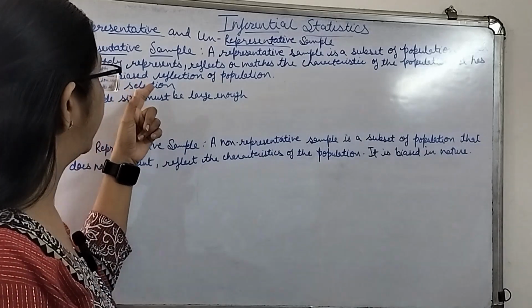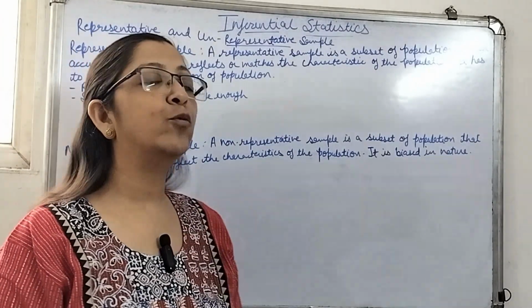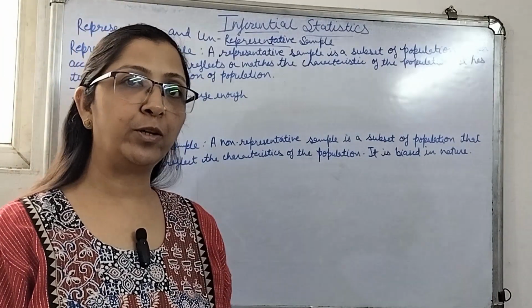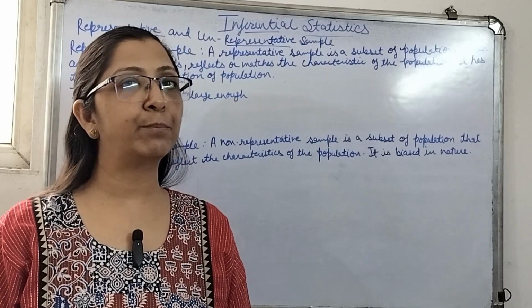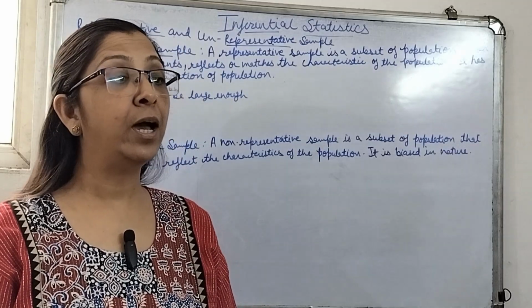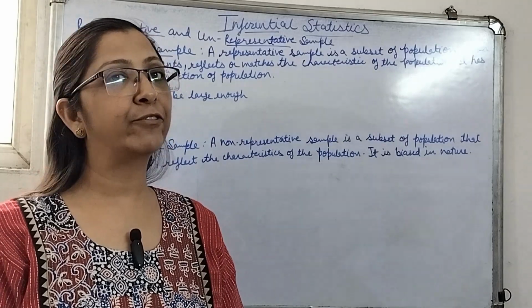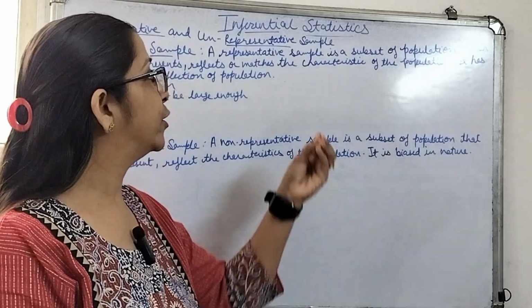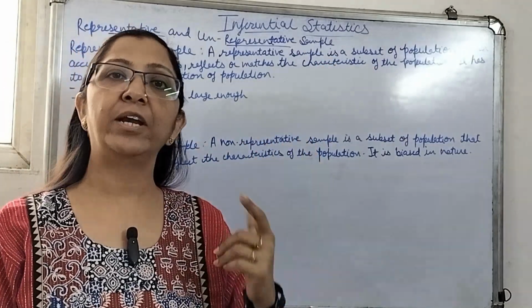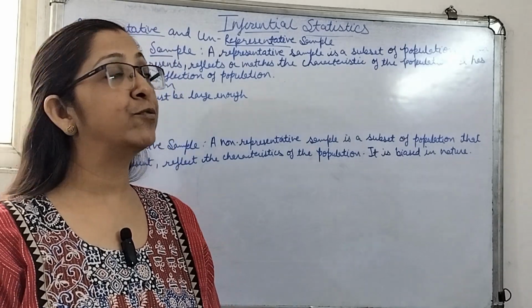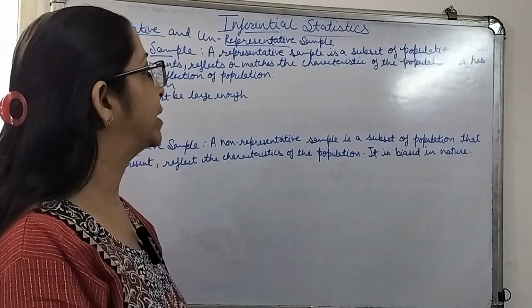It has to be an unbiased reflection of the population. So basically from the population we are taking the subset. That means whatsoever sample we are selecting is completely reflecting or representing the characteristics of the population.